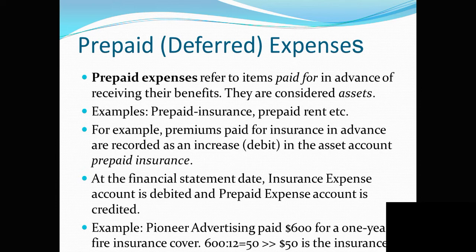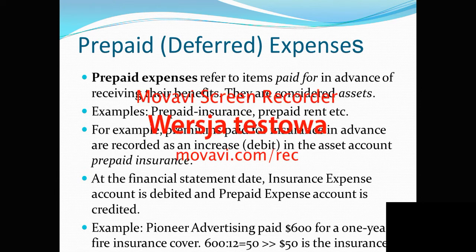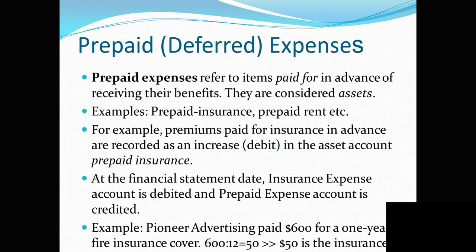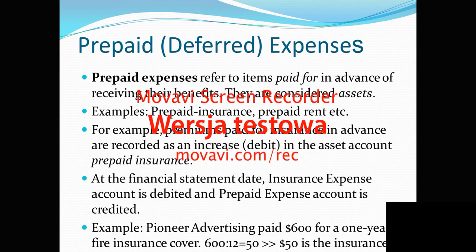One example is a company called Pioneer Advertising that paid $600 for a 1-year fire insurance cover. If we divide 600 by 12, we get $50 per month as the insurance expense for this company.